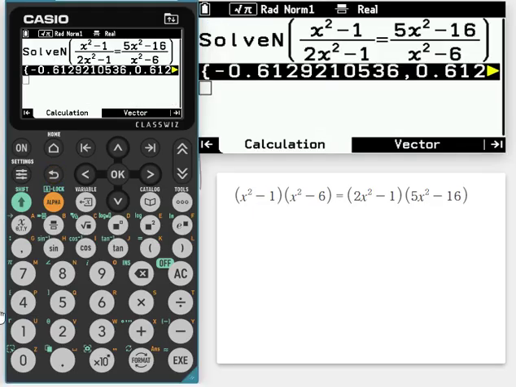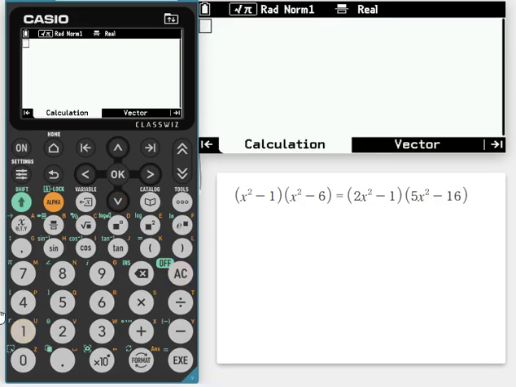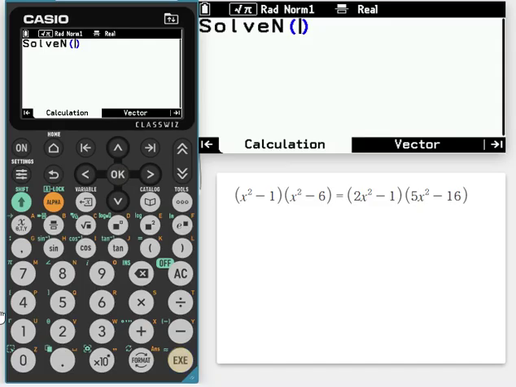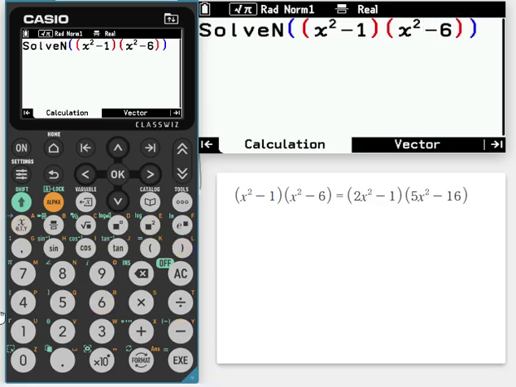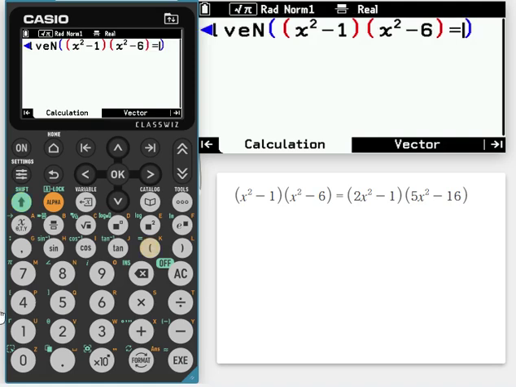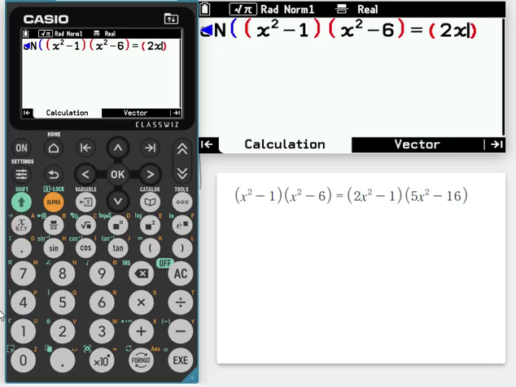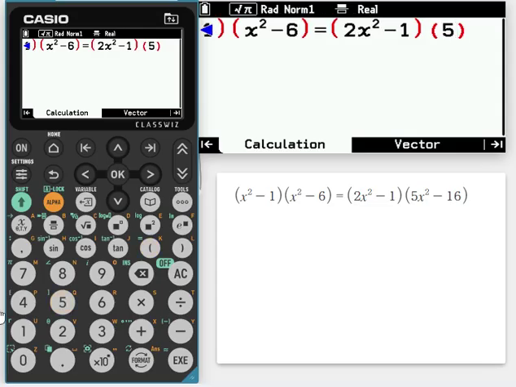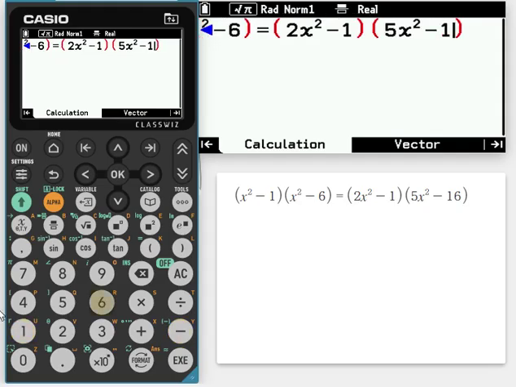Let's clear the screen. And again, from the catalog and the history, we will find SolveN, and let's enter (x squared minus 1), close bracket, open another bracket, (x squared minus 6) equals (2x squared minus 1) times (5x squared minus 16).